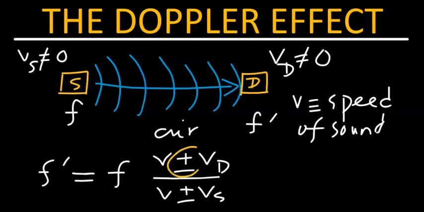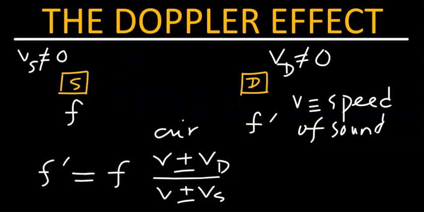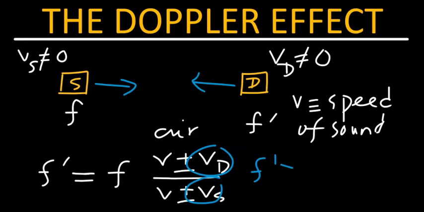Note there are plus minus signs involved in this equation. The signs are chosen such that f prime tends to be greater for relative motion toward and less for motion away. What that means is when the motion of a detector or source is toward the other, the sign on its speed, here or there, must give an upward shift in the frequency. So f prime is greater than f.